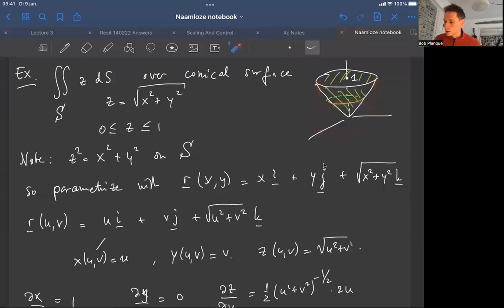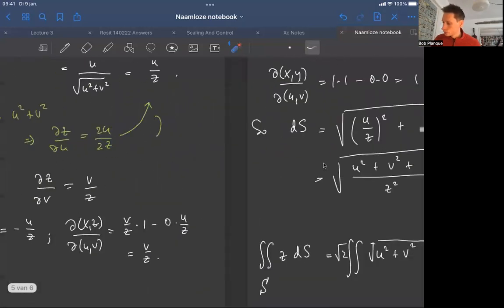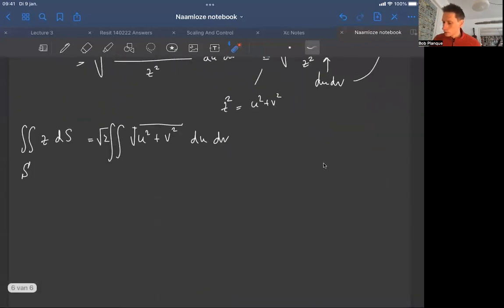Yeah, because precisely then, if I'm on a circle of radius 1, then the square root of that is 1, and so z is 1. That's the largest value of u and v. And so I'm doing this over a domain 0 less than or equal to u squared plus v squared less than or equal to 1.